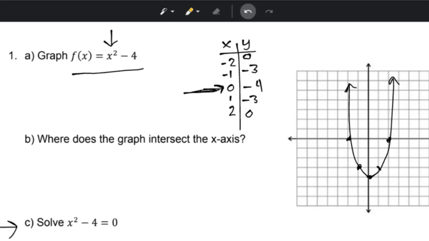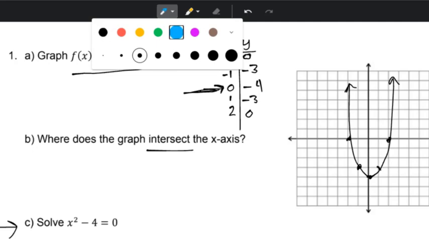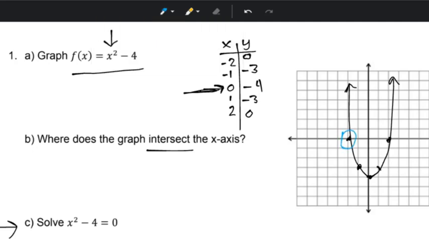So where does the graph intersect the x-axis? It's right here and right here. So we want to answer that in terms of x. It intersects the x-axis when x is negative 2 as well as when x is positive 2.